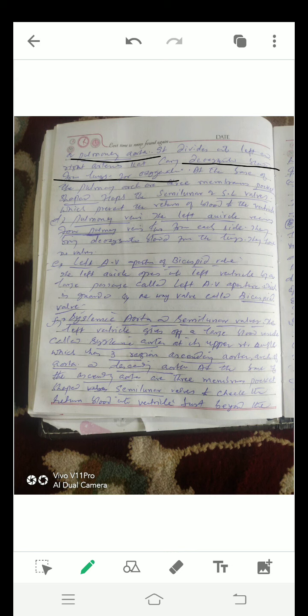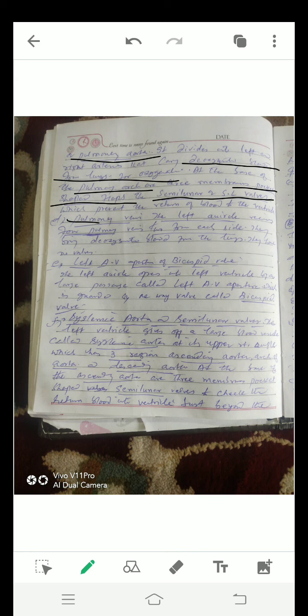At the base of the pulmonary arch are three membranous pocket-shaped flaps, the semilunar or SL valves, which prevent the direct return of blood to the ventricle.